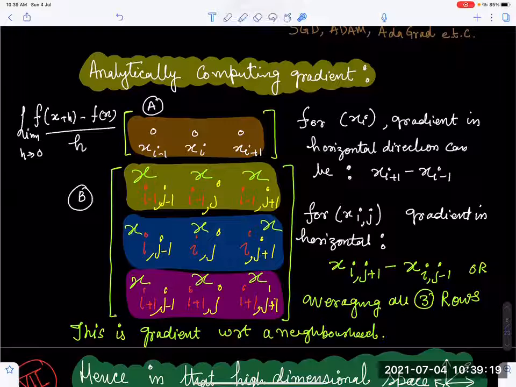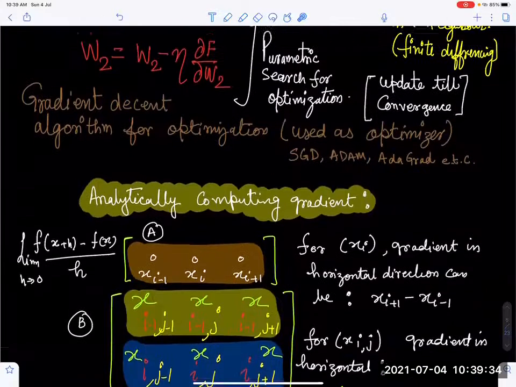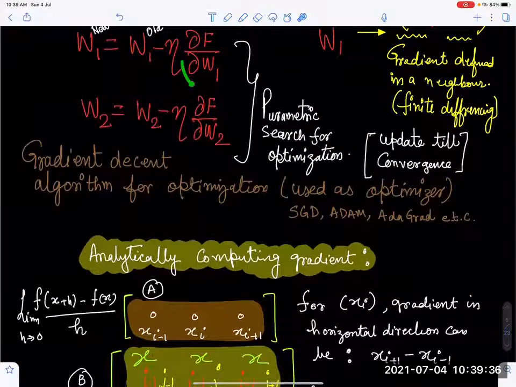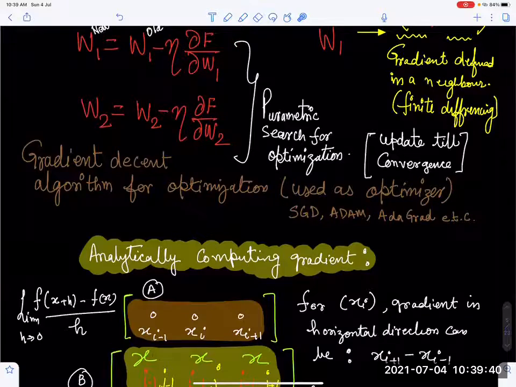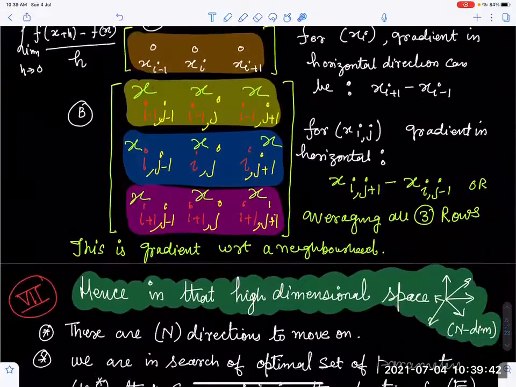You only require the derivative in some direction, so in that direction you go into the neighborhood and find the difference. That is the first order derivative for you. Most of the time you will not be in a position to compute these values, so you need to compute the gradients analytically.